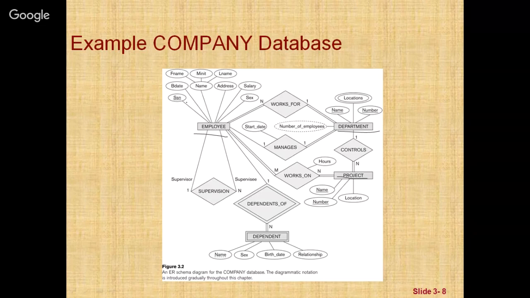So there is name, social security number, birth date, address, salary, sex or gender, etc. So an employee is assigned to one department but may work on several projects which are not necessarily controlled by the same department.